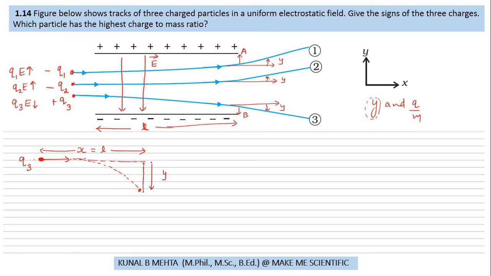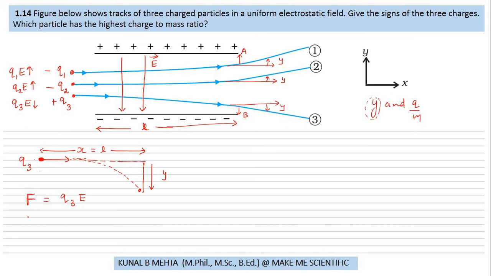Now guys, we are going to establish the relation just like the equations of the projectile motion. That would be very easy, don't worry. So this charge Q3 would be experiencing a force of Q3E in the downward direction guys. Weight of all these charges are to be neglected. So this is the only one force acting on the charge in the downward direction.